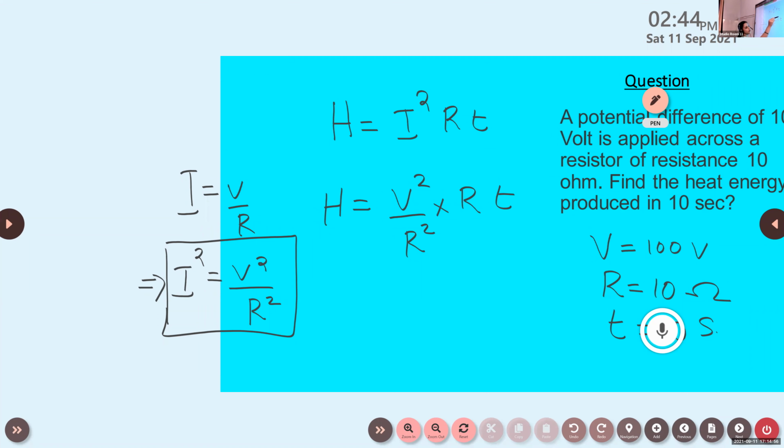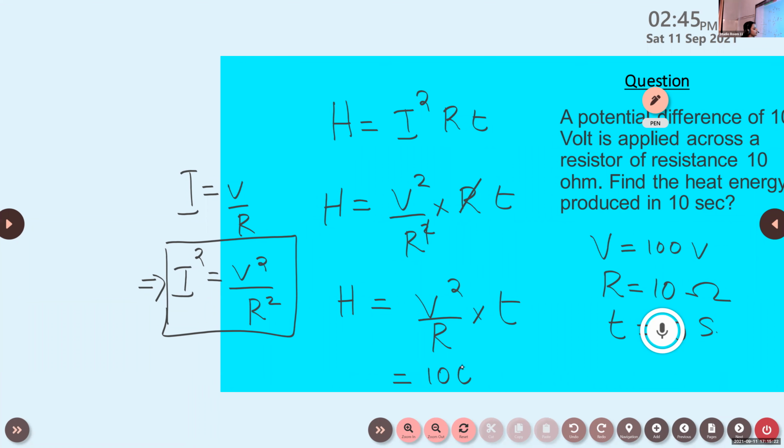So here 1 R from the numerator and 1 R from the denominator cancel. So it becomes H is equal to V square by R into T. So the equation for calculating the heat energy developed in a circuit becomes H is equal to V square by R into T.